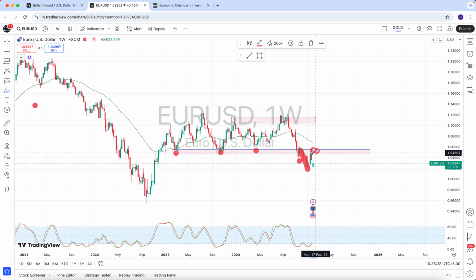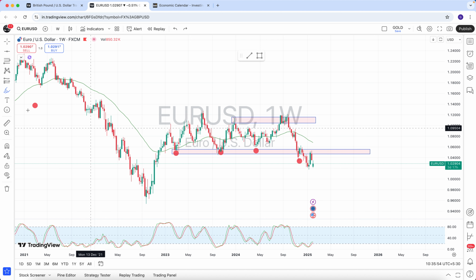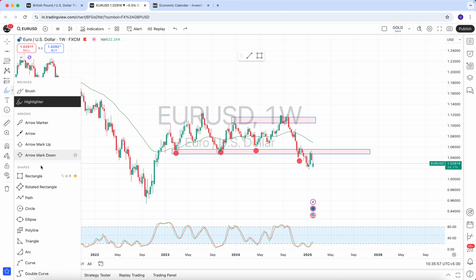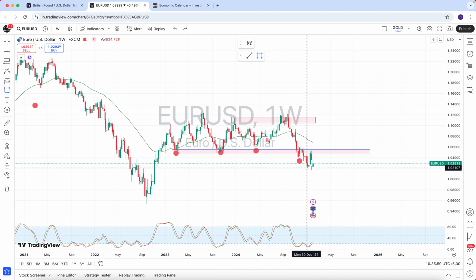In case it could have broken out here, we might see an impact in the market on the upper side, but as it did not, this zone will again act as a support zone. I'm saying this zone will act as a support zone because we have seen buyers enter from this zone.